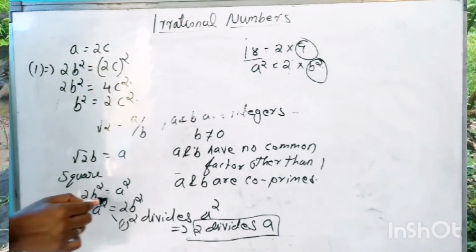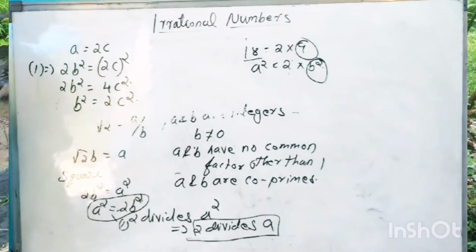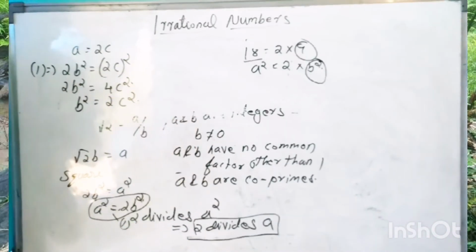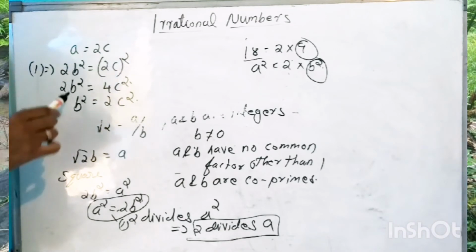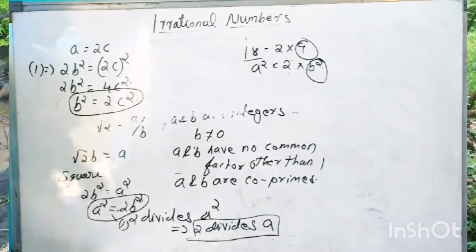Now just look at this. Here we got A square equal to 2B square, and what was our conclusion? If A square equals 2B square, then 2 divides A square. Instead, here we got B square equal to 2C square.